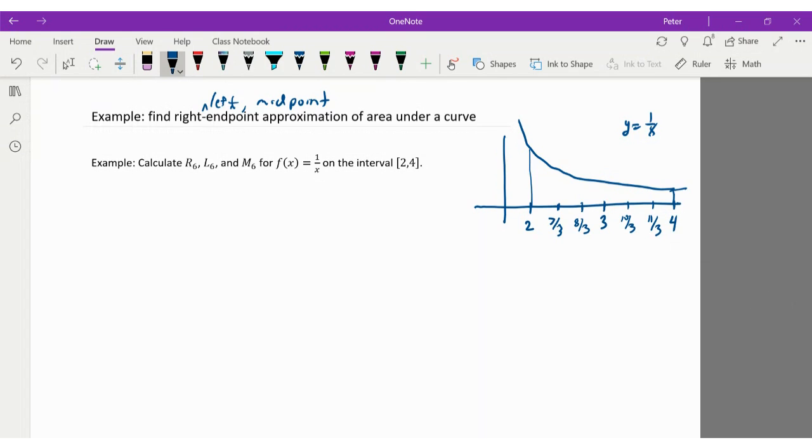We can do this analytically. Let's just put in the names for these that we've been using. 2 is A and 4 is B. Those are the ends of the interval. Just so that they end up lined up, let's put the A down here, the B down here. This is also going to be x0, x1, x2, x3, x4, x5, and x6.